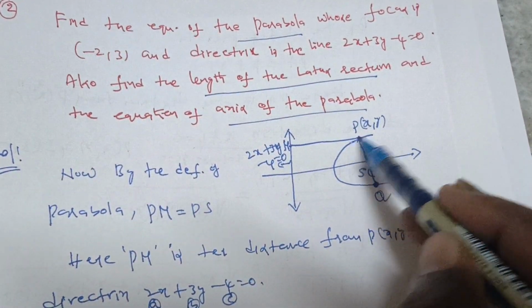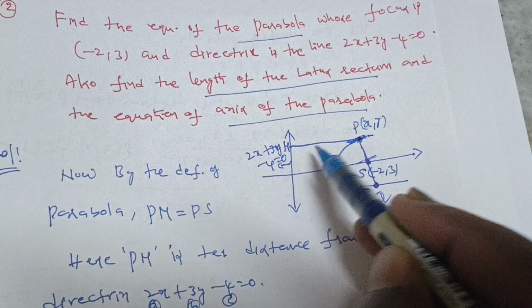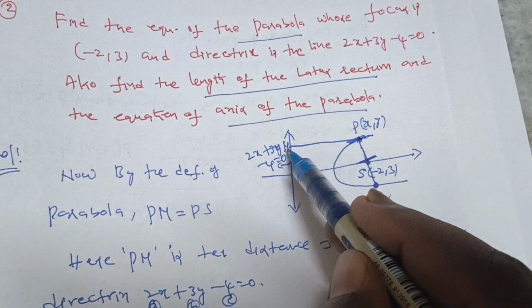Here the distance from this point to this point is equal to the distance from this point to this point.